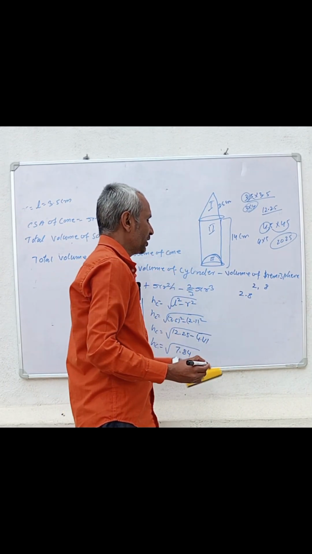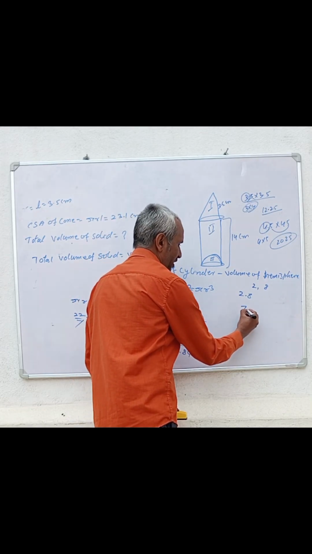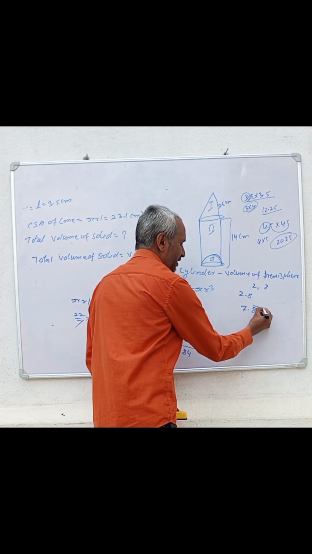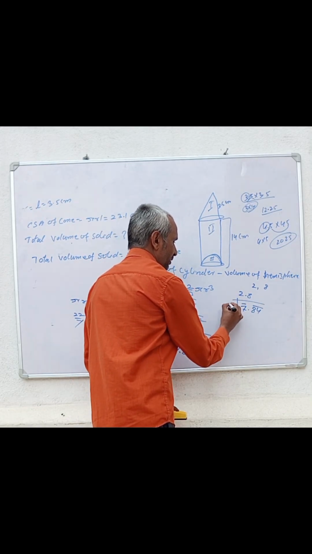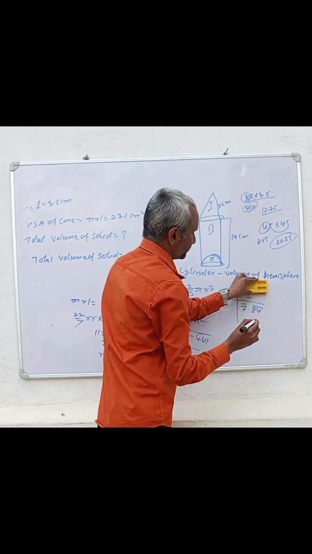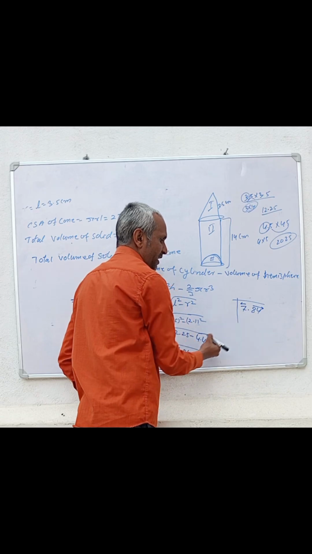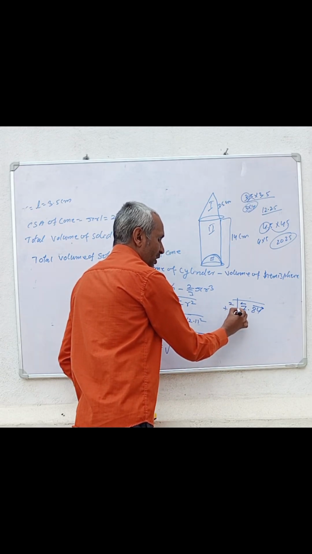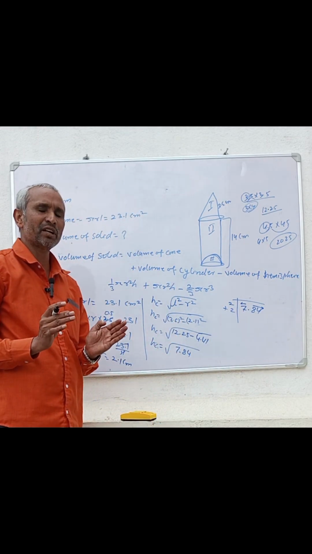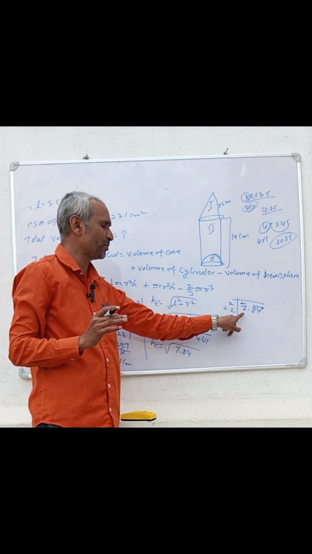You know, in lower classes you learned finding the square root of 7.84 by making pairs like this. The pair after the decimal point goes on this side, and the other pair goes on this side. The number we choose, multiplied by itself, should be less than or equal to this number, but not more.